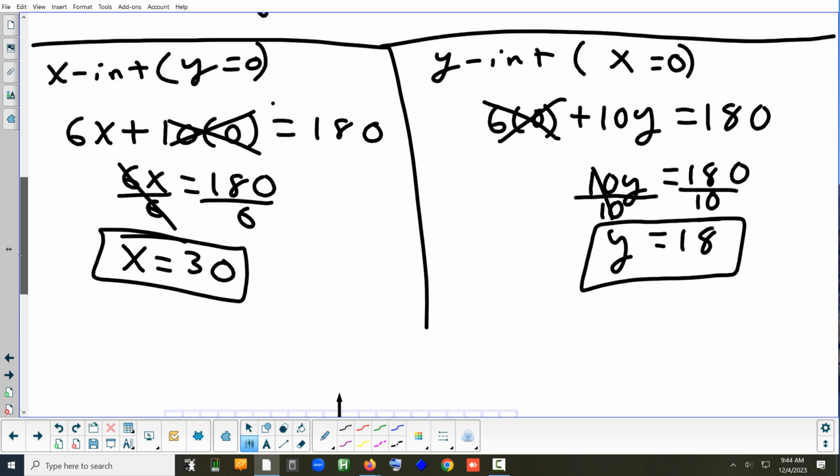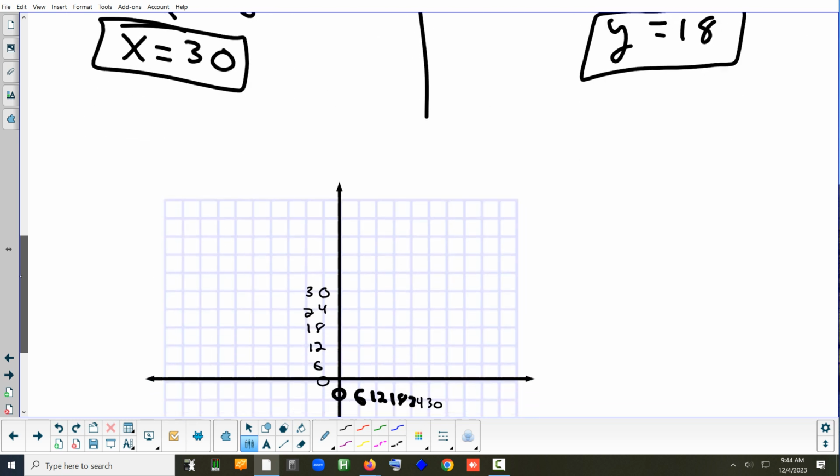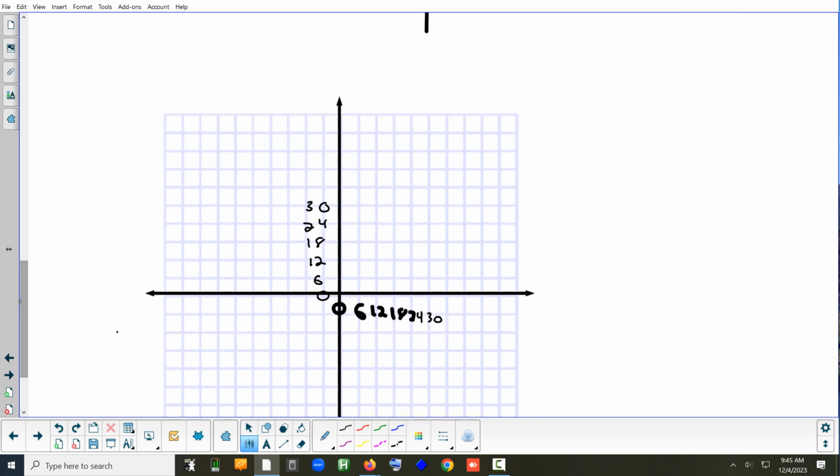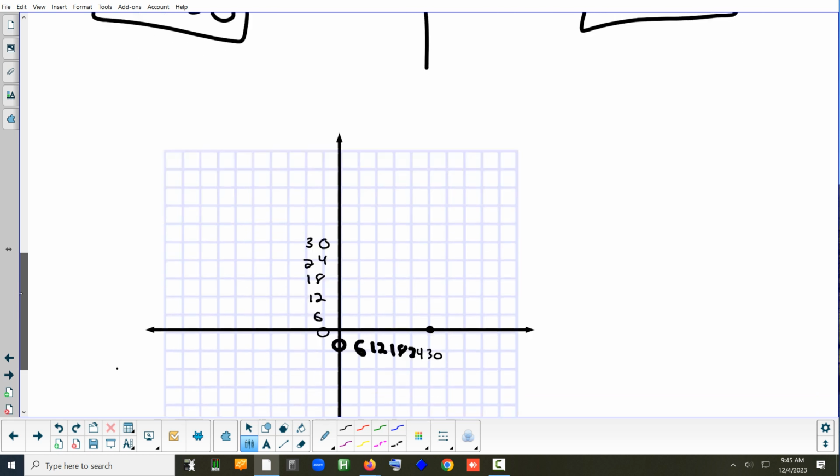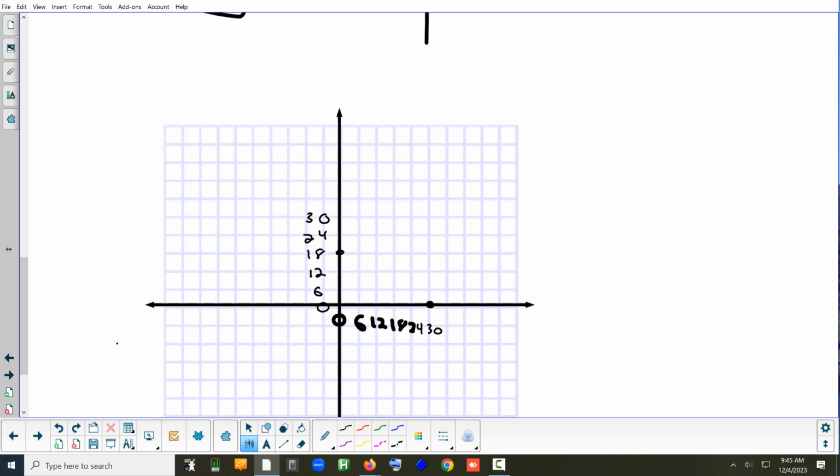Okay, what's my x-intercept? 30. So I'm going to put a dot on 30. What's my y-intercept? 18. So I'm going to put a dot on 18. And what do I need to do now?